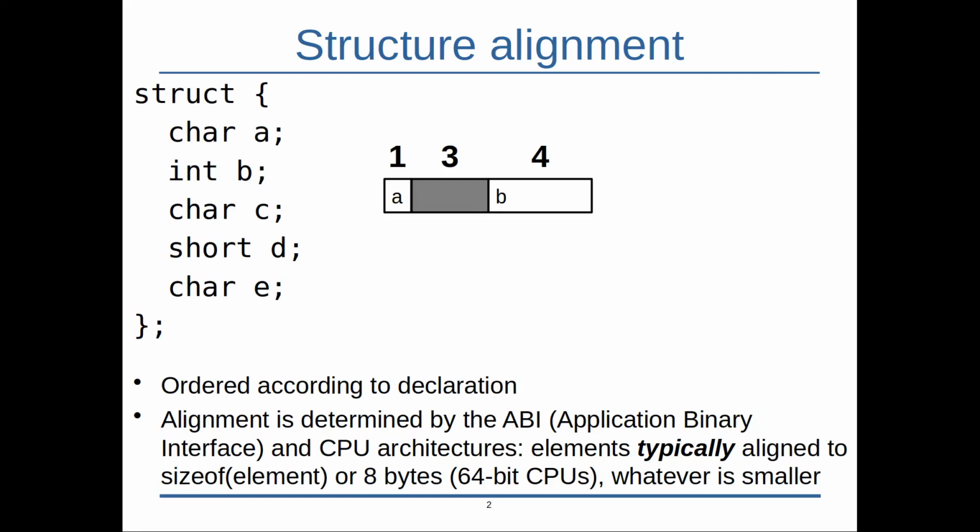So therefore, the rule is that you're going to align a type, approximately like in most CPU architectures, to its size. So if it's a 4-byte integer, then you're going to align at a 4-byte boundary. If it's a 2-byte integer, you're going to align at a 2-byte boundary. So obviously, char doesn't require any alignment because it's just 1 byte.